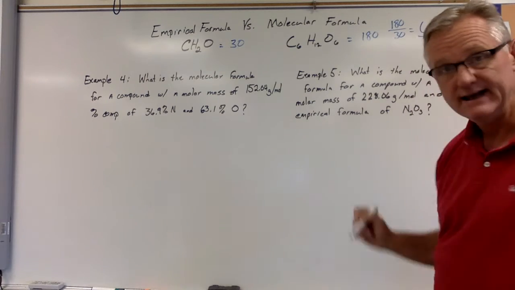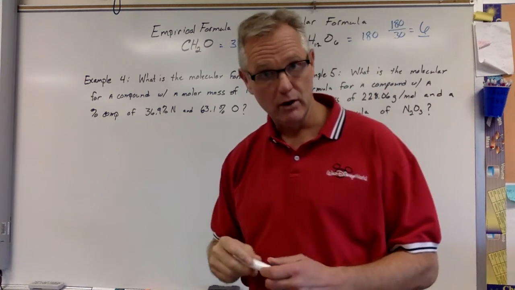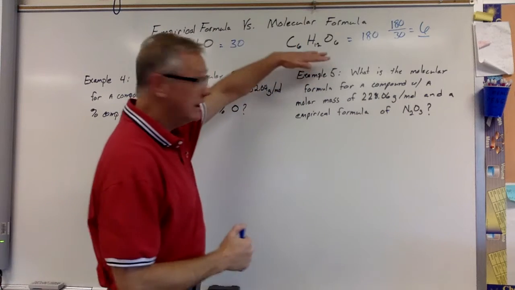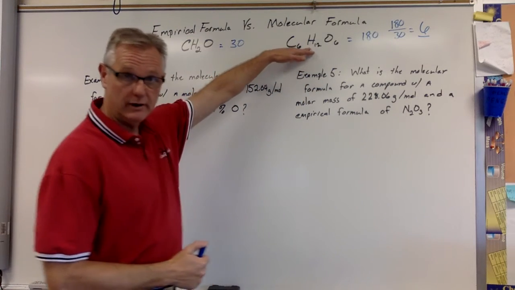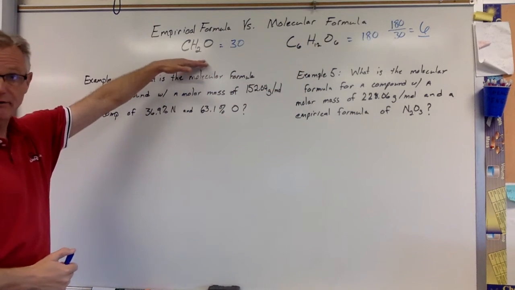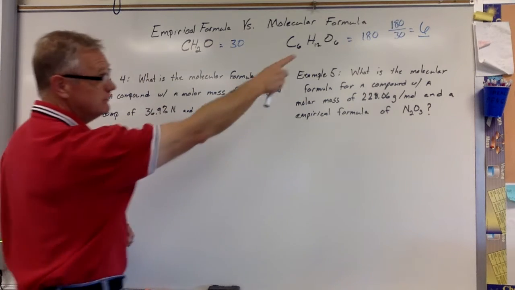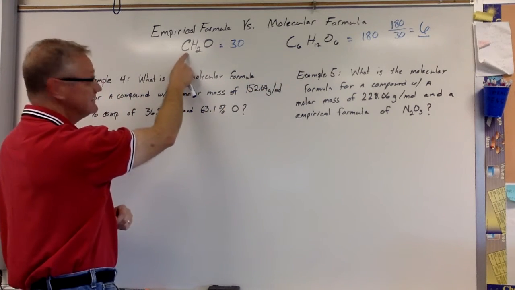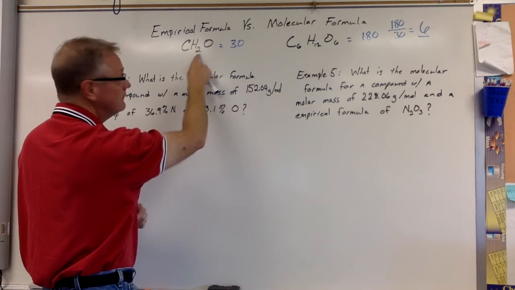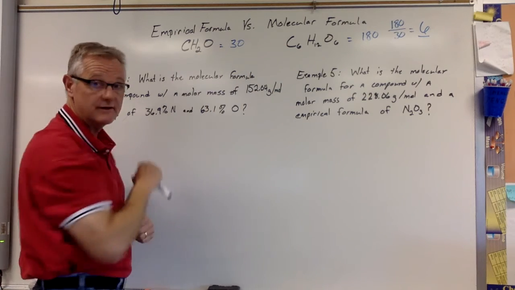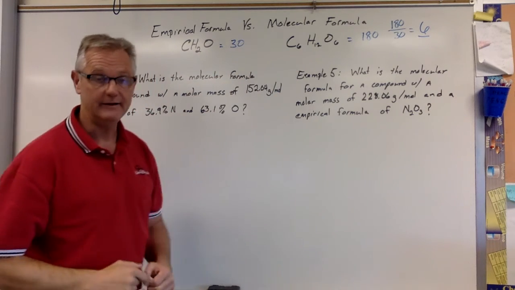That 6 is the factor or the multiple that my molecular formula is to my empirical formula. So if I distributed that 6, I would get 6 of those, 12 of those, 6 of those. And that's exactly what I have.